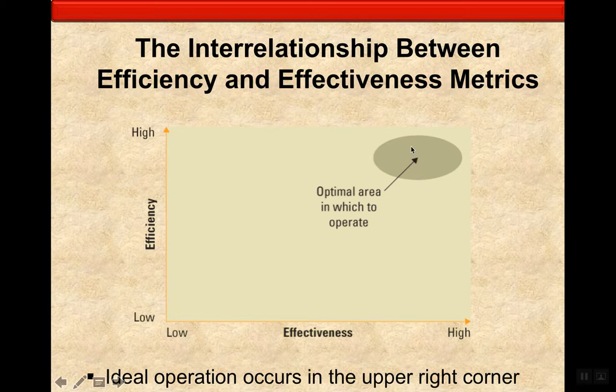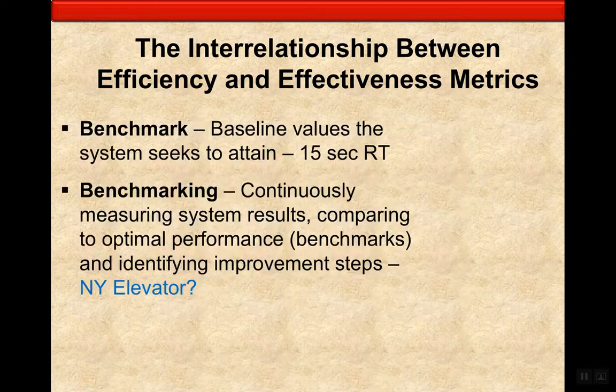It's not a point. So this can move based upon different factors. You can move things back and forth as circumstances change. Improving efficiency may have an impact on effectiveness, move something back on an interim basis, and then move back another way. So it's a dynamic relationship between the two.